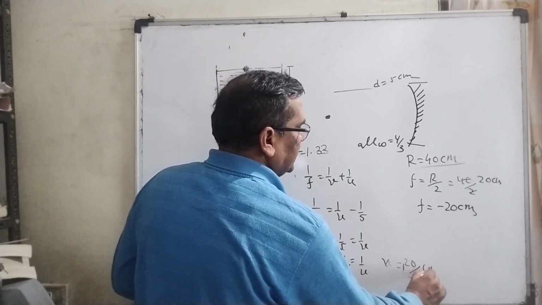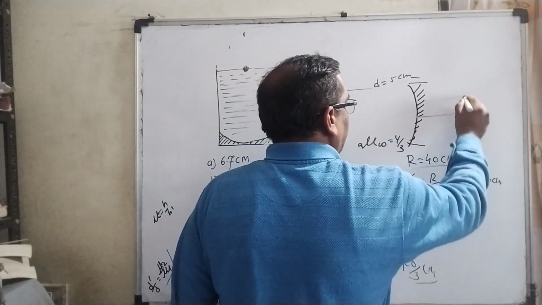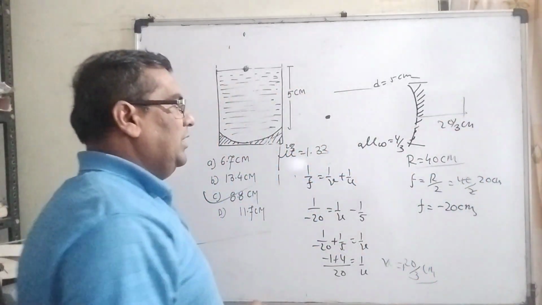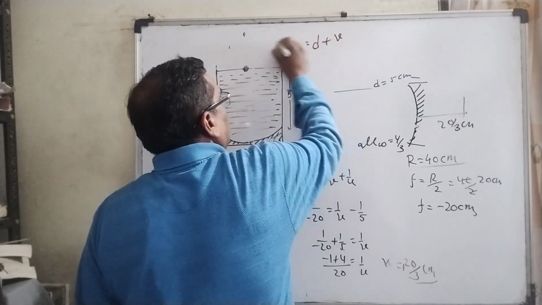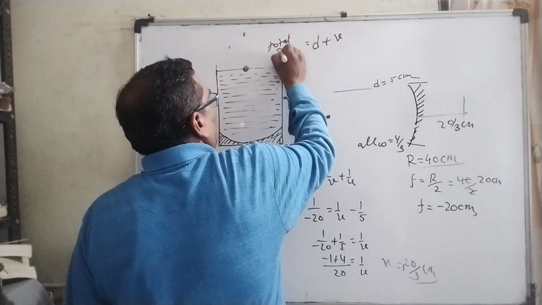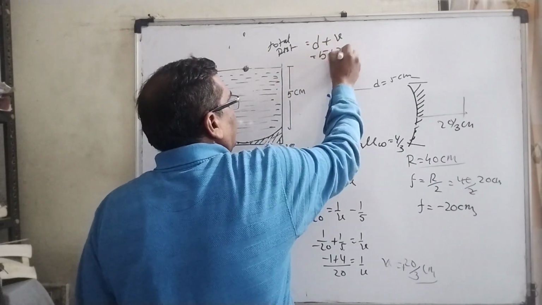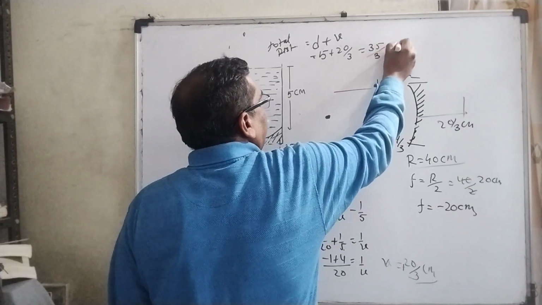What does positive mean? Positive means the image is formed behind the mirror, 20 by 3 centimeter. Then what is the total distance? Total distance is d plus v, the total distance from the upper surface. Total distance is 5 centimeter plus 20 by 3, which means 35 by 3 centimeter.